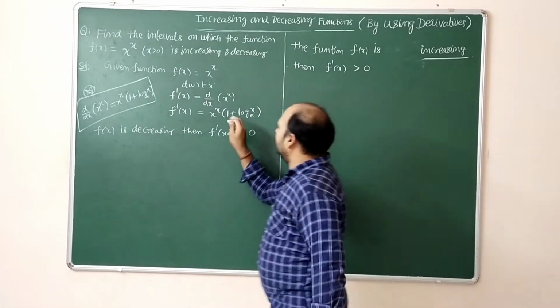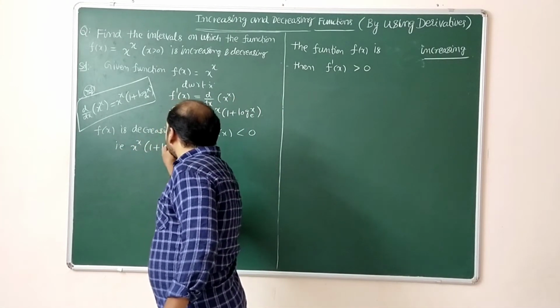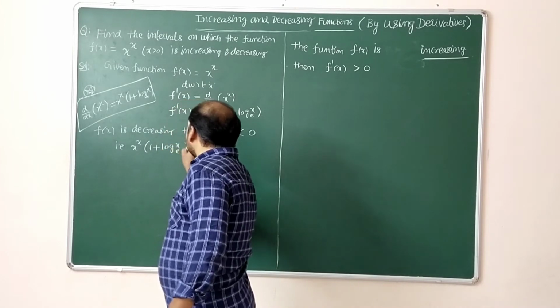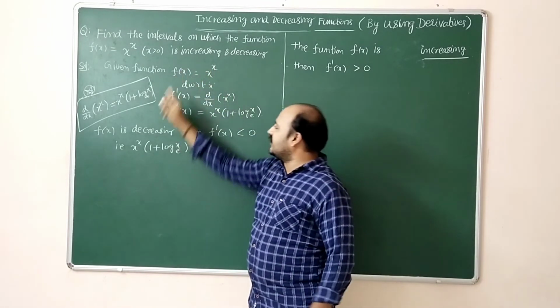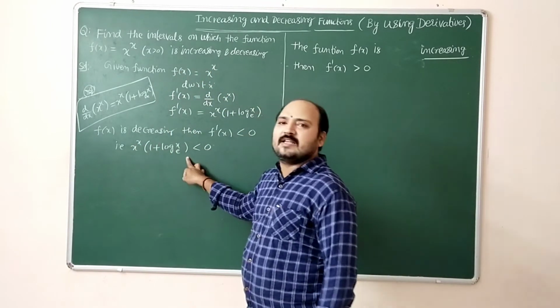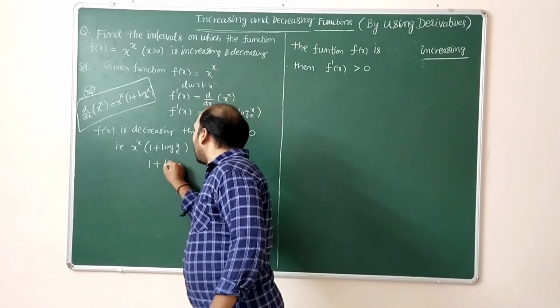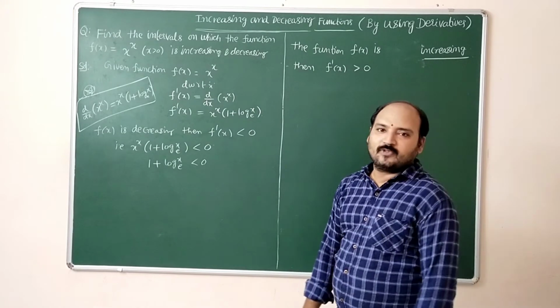That means x power x into 1 plus log x to the base e is less than 0. The x power x value, since x is greater than 0, is positive, so it should not be less than 0. Obviously, what will be less than 0? The value of 1 plus log x to the base e is less than 0.